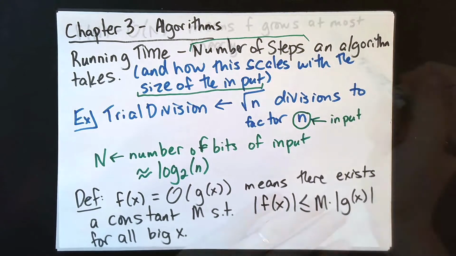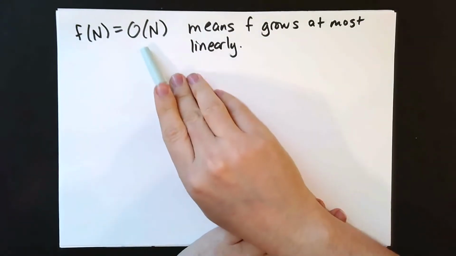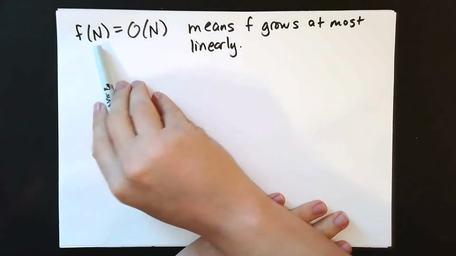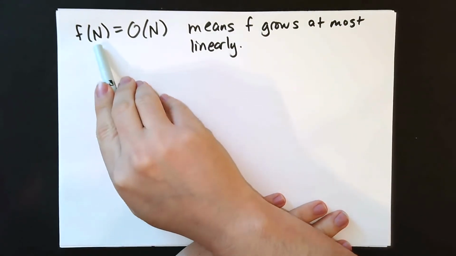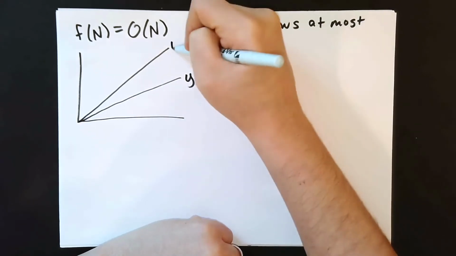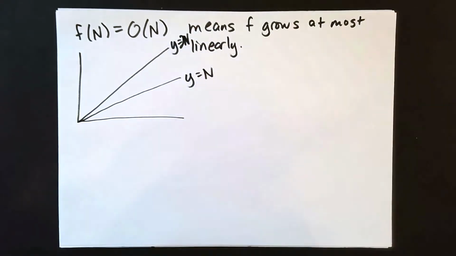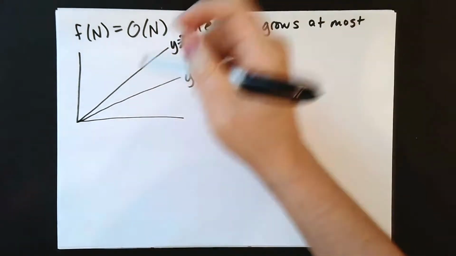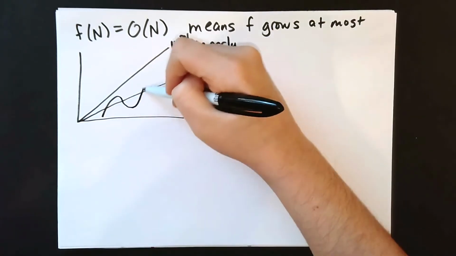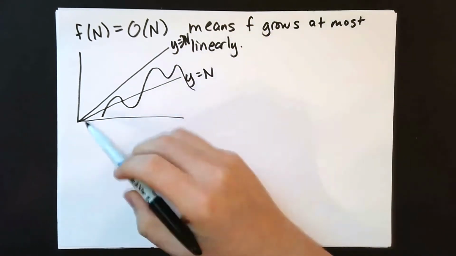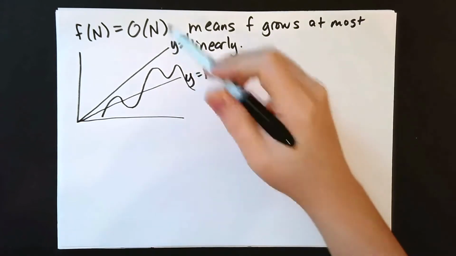Now, when we say a function is O of n, for example, what we're saying is that that function grows at most linearly in n. So if, for example, I draw you here, this is y equals n, this is y equals 2n, which is just a constant times n that I picked. If I draw in some weird-looking function that does something like that, this function is O of n, right?